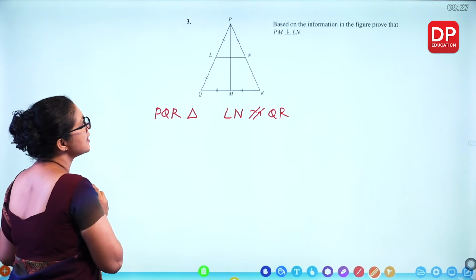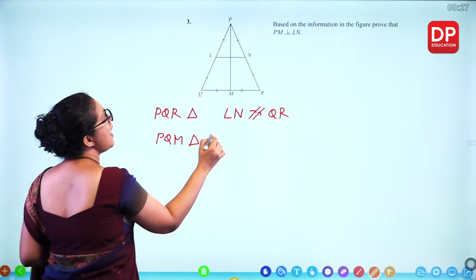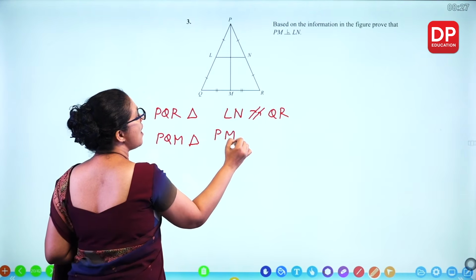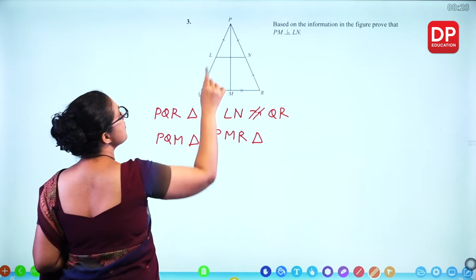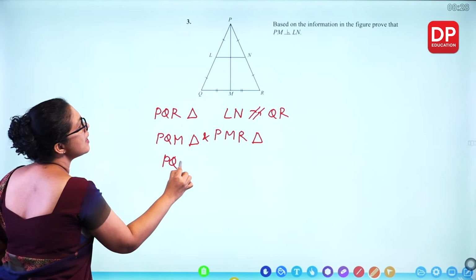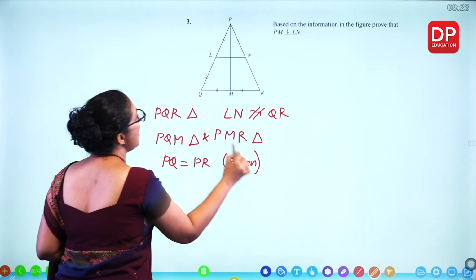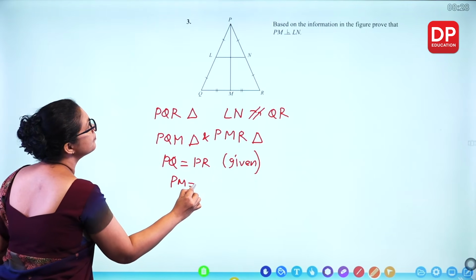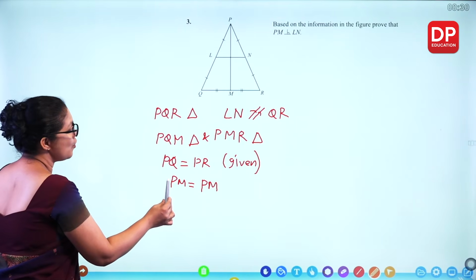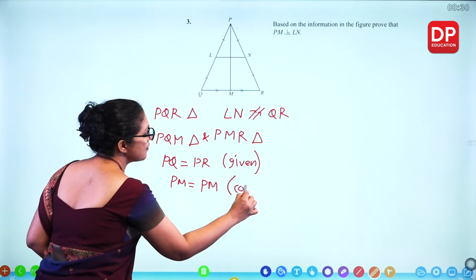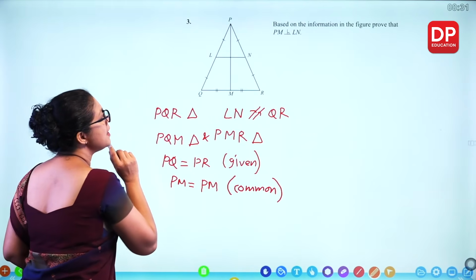So, if we take PQM triangle and PMR triangle, what can you say about the two triangles? We can see PQ is equal to PR, that's given, and PM is common. So we know PM is common length, and also M is the midpoint of QR.